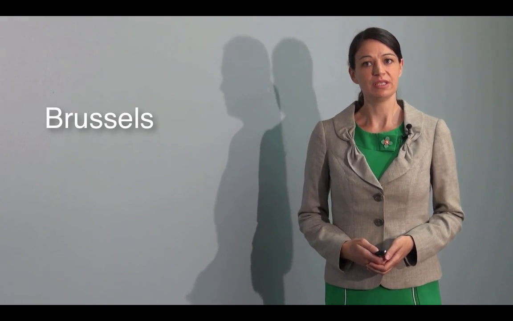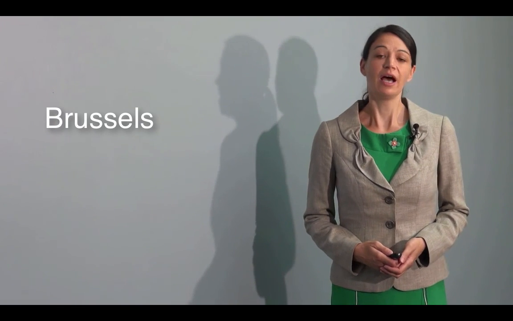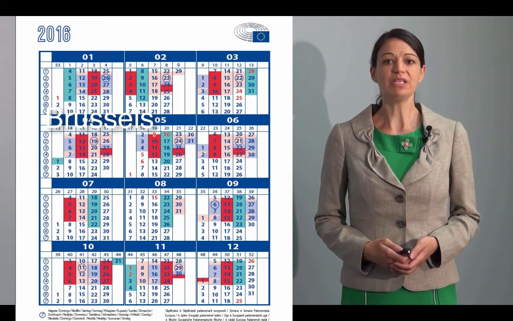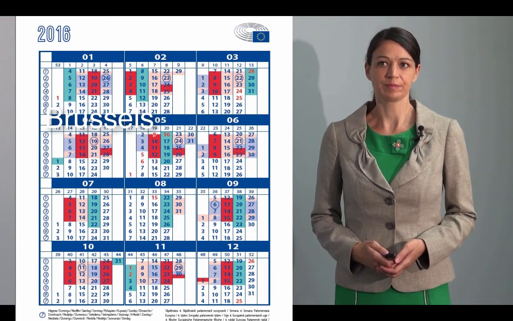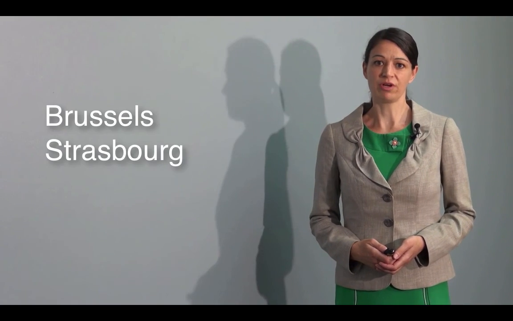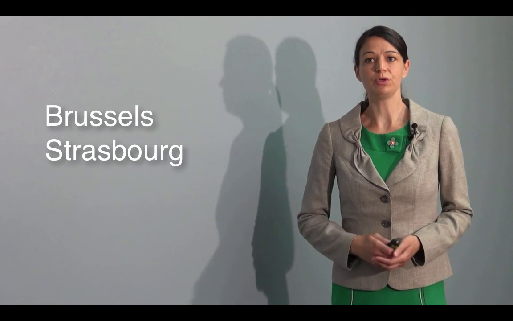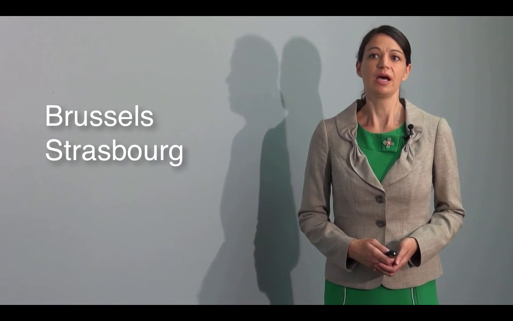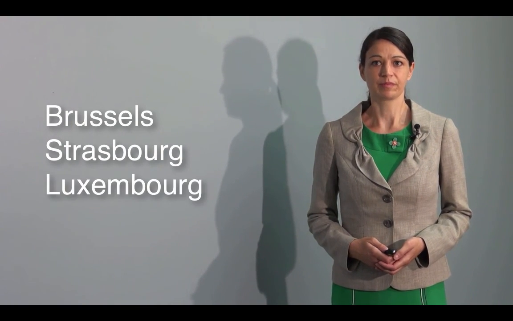The European Parliament is based in 3 cities. MEPs spend most of their time in Brussels, where the committee and the political group meetings and a few so-called mini plenary sessions take place. The regular plenary sessions are held in Strasbourg in France, and parts of the European Parliament administration is based in Luxembourg.